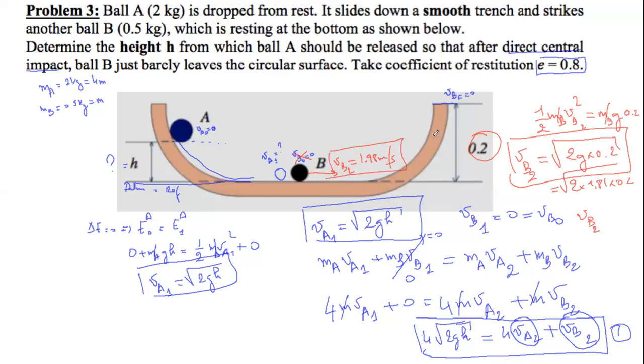So this velocity of B will help it barely leave the circular surface, meaning the VB final here will be 0. So VB2 is 1.98 meters per second, using 9.81 for g.